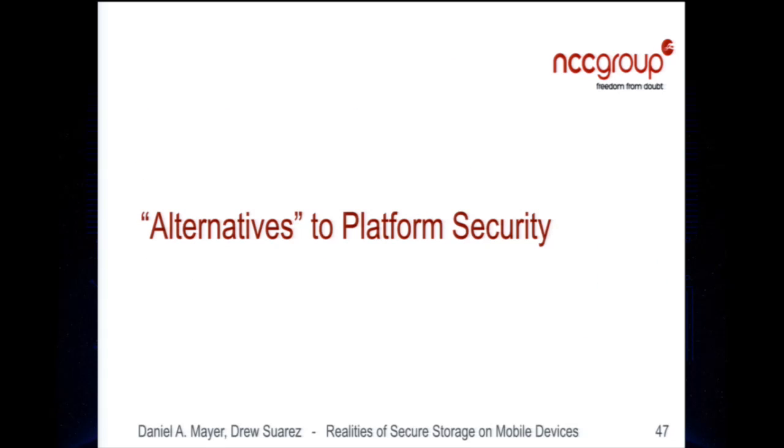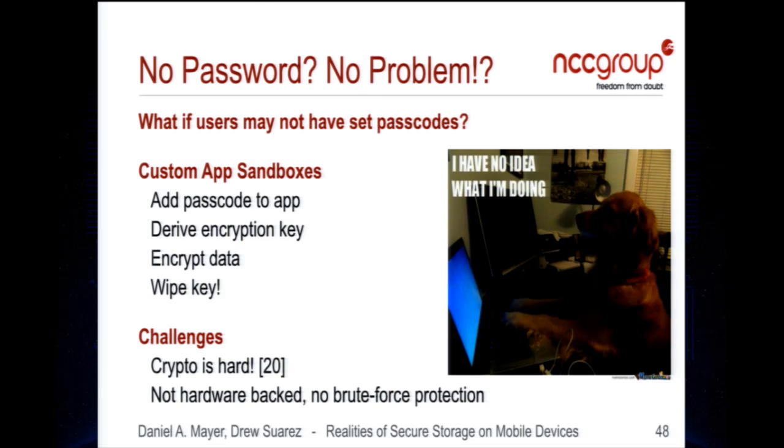So let's look at, real quickly, a couple of alternatives to platform security. If you don't trust either Google or Apple here, what can we do? Very briefly: what do you do when you don't have passcodes on the device? In either case, on iOS or Android, what most applications do, if you think of Good or MobileIron or software like this, they build their own custom sandboxes for their data, and they use the same mechanism which the operating system uses.